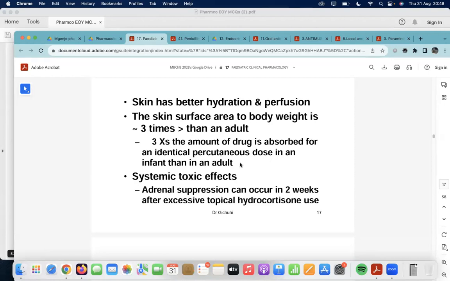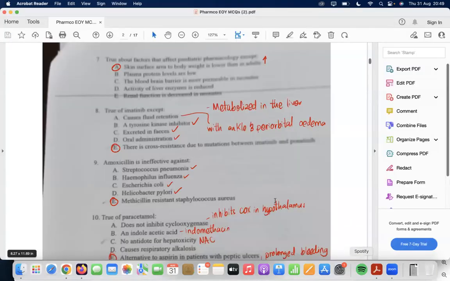So a larger concentration of the dermatological drugs is absorbed. The question asks which is true about these factors except, so A is wrong, definitely, because we've just cancelled it out. But you can look at the other choices.